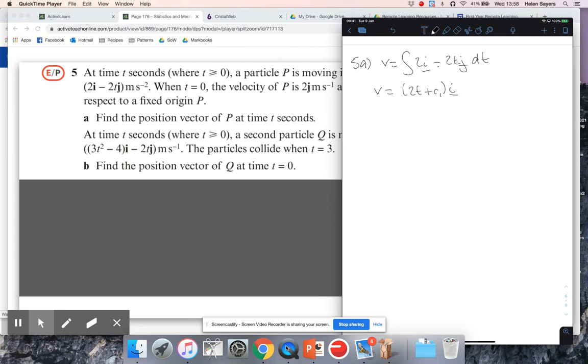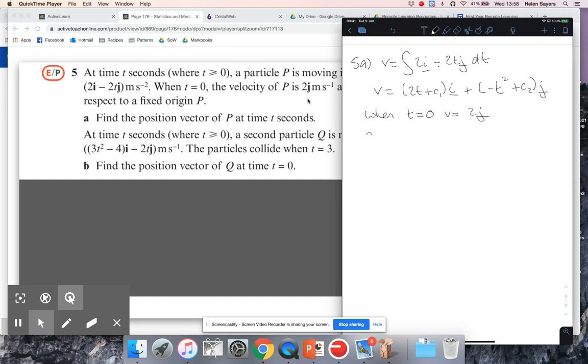Minus 2t will integrate to minus 2t squared all over 2, so just minus t squared, and then there will also be a constant of integration there, and that's my j vector.